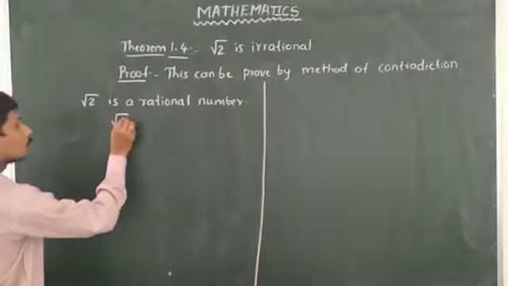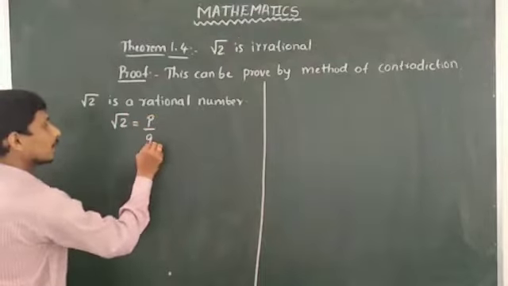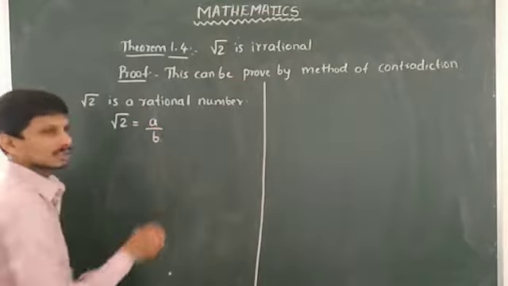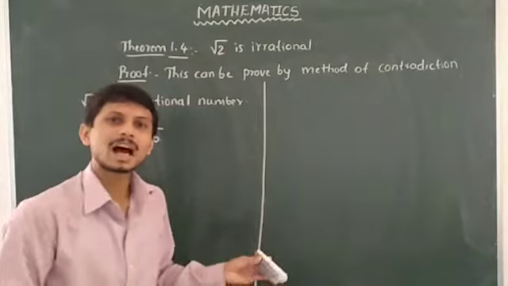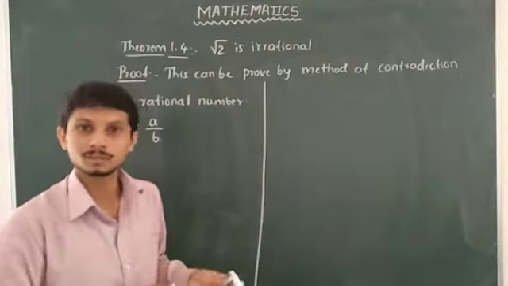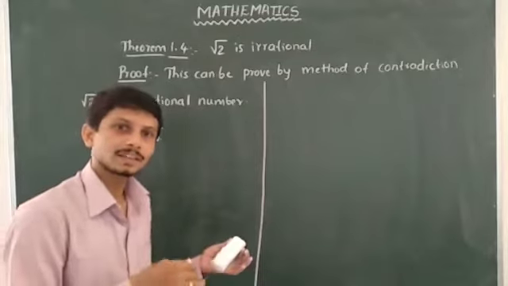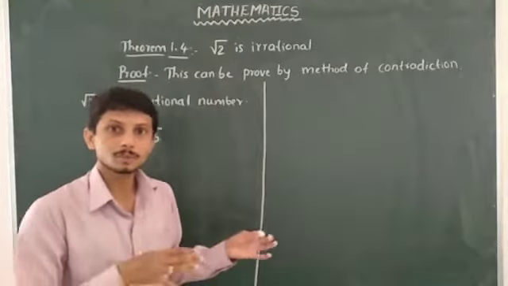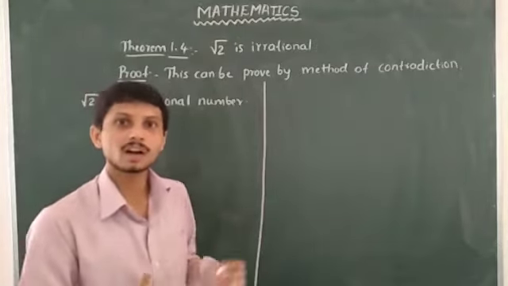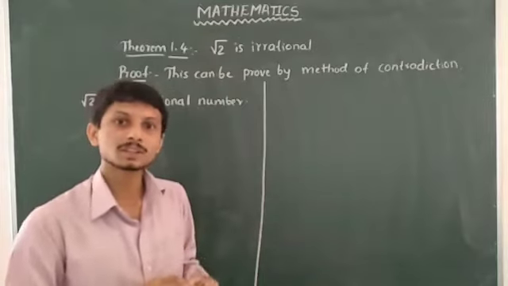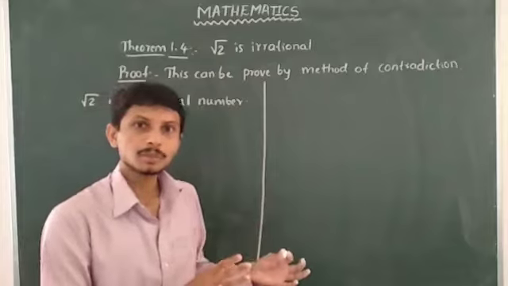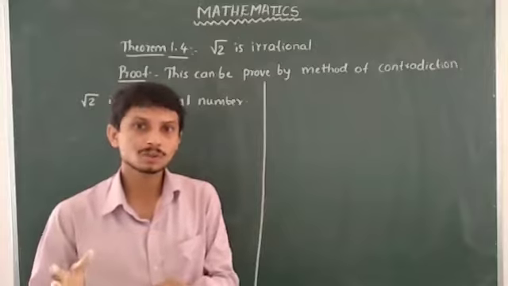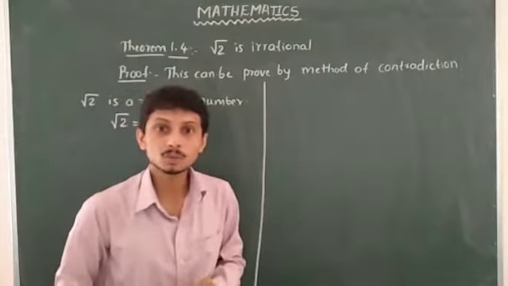So root 2 is equal to p divided by q, or I will take a divided by b, just for a change. In some textbooks, the definition of a rational number is a number in the form p by q, where p and q are integers, q is not equal to 0, and HCF of p and q is equal to 1.